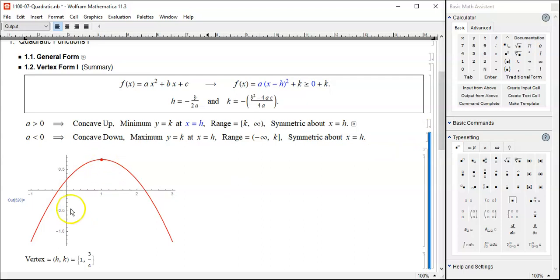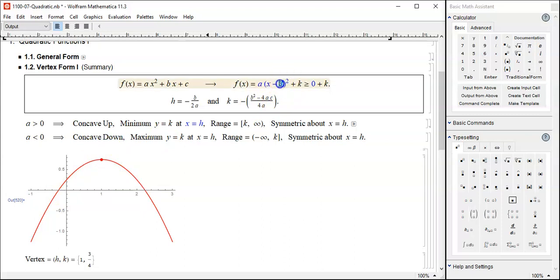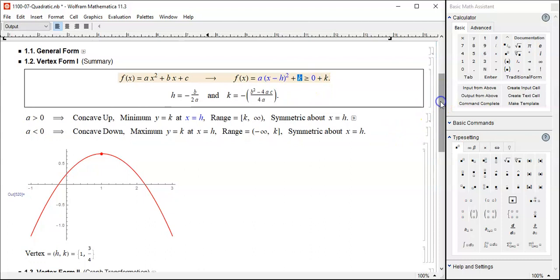The range goes negative infinity, going down forever, but reaching only up to k. That's also easy. It's symmetric about the vertical line x equals h running through the vertex. Again, that's easy to see. And all this is assuming that the vertex is indeed h comma k from the vertex form. Now, is that really true?